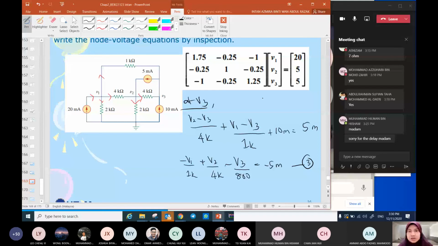Class, try keying in these equations in your calculator. What is the answer for V1, V2 and V3?